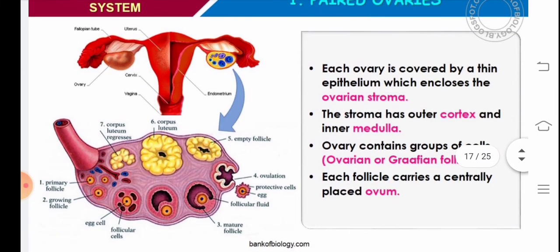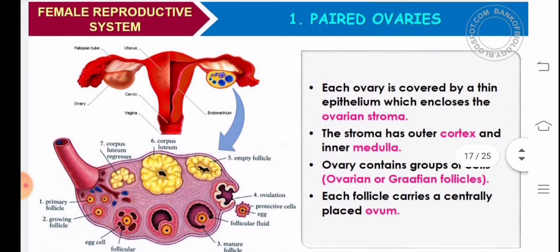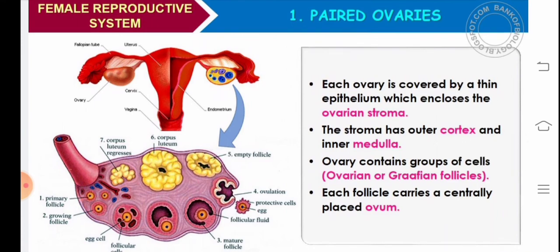So here is the internal structure of the ovary. Each ovary is covered by a thin epithelium which encloses the ovarian stroma. The ovarian stroma has two regions, outer cortex and inner medulla. The ovary contains groups of cells called ovarian follicles.